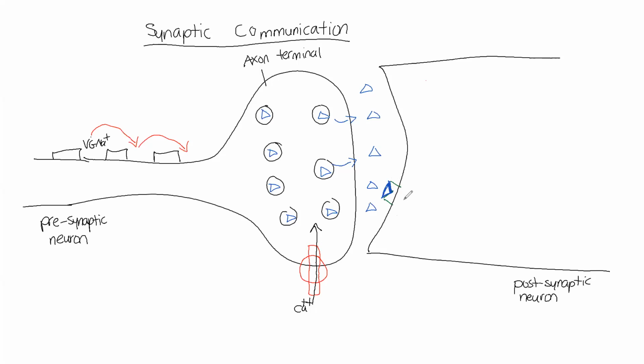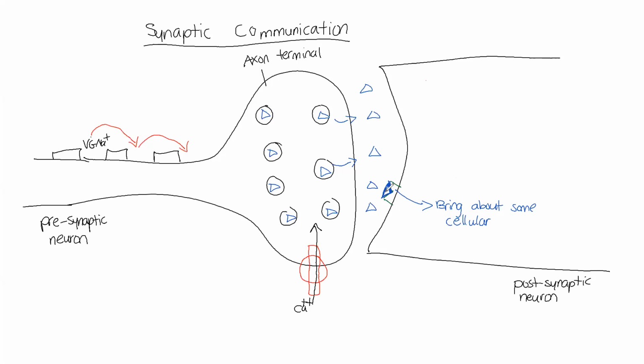That is going to generate some type of cellular response, okay? This is going to bring about some type of cellular response on this cell. And I'm going to talk a lot more about that process later on. So kind of stay tuned here. How this cellular response is brought about is going to differ depending on the type of receptor, the type of neurotransmitter, et cetera.